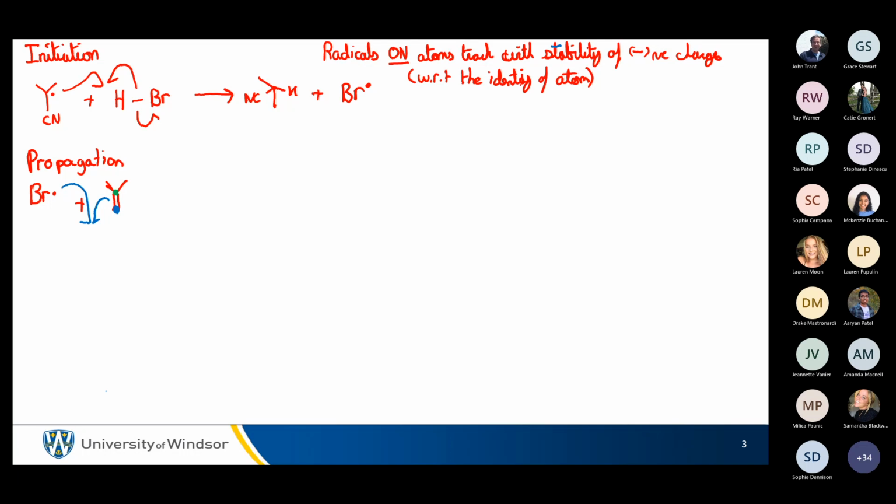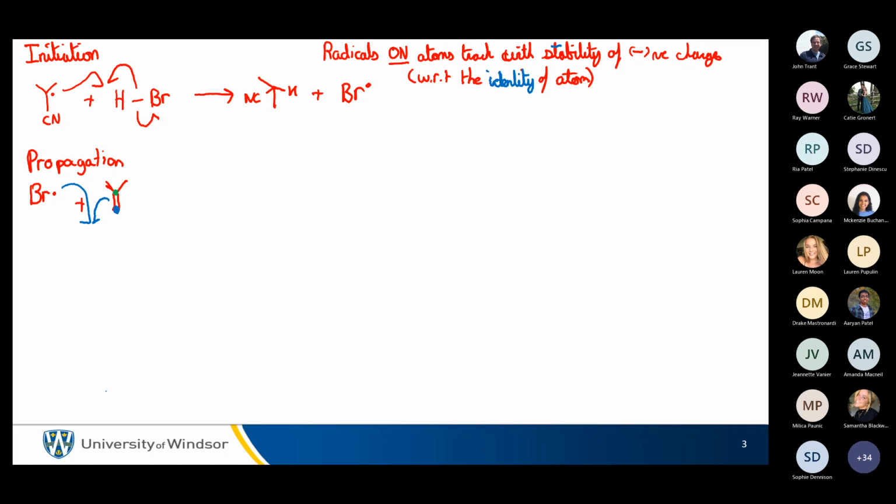The sentence says radicals on atoms track with stability of negative charges with respect to the identity of atom. That does not say identity, does it, at all? So like sulfur versus carbon versus oxygen, all those rules track with anions.